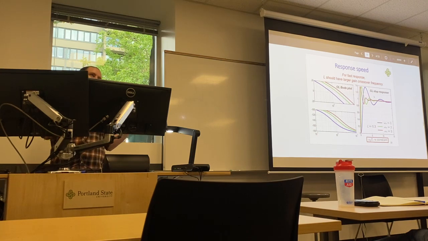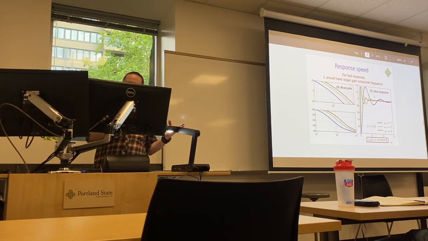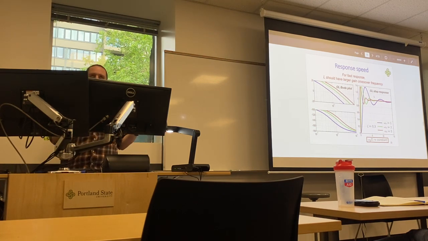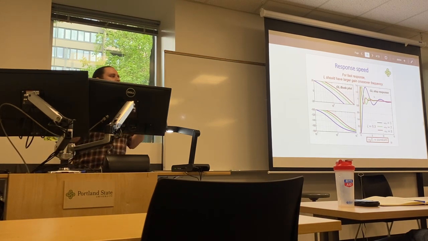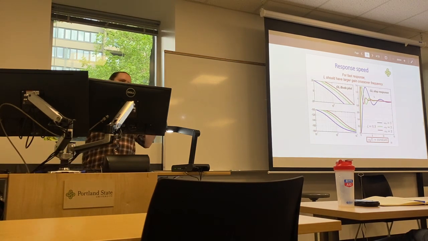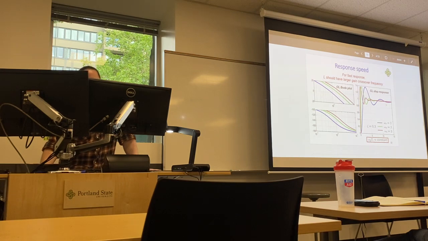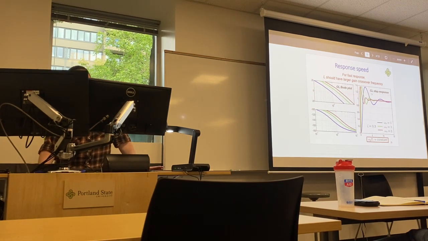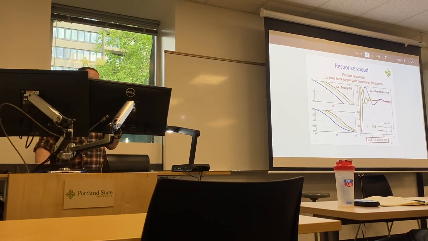If we weren't worried about some of the other high frequency responses, we could set that to 10 kilohertz, which would result in a much faster response speed. But we would have other trade-offs there too. I just wanted to point out that we chose our gain crossover frequency when we did our Bode plot design.